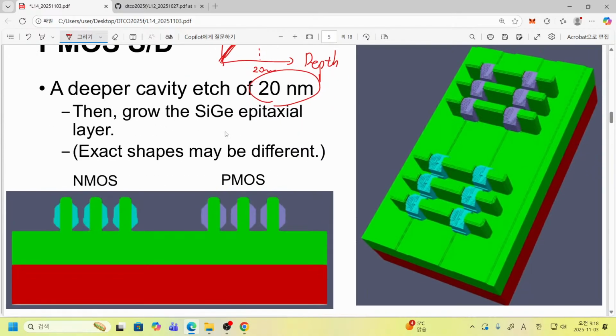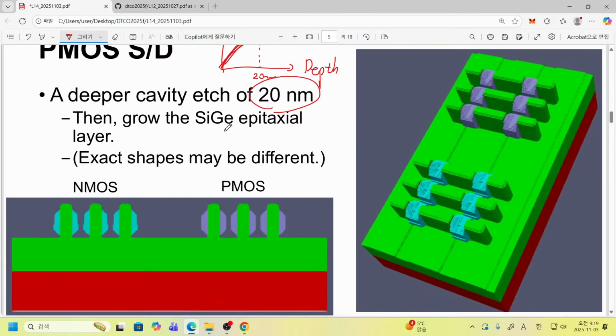In the case of P MOSFET, things are a little bit different from that of N MOSFET. Instead of selective silicon growth, we selectively grow silicon germanium alloy.